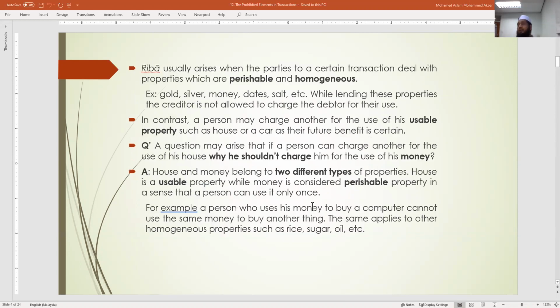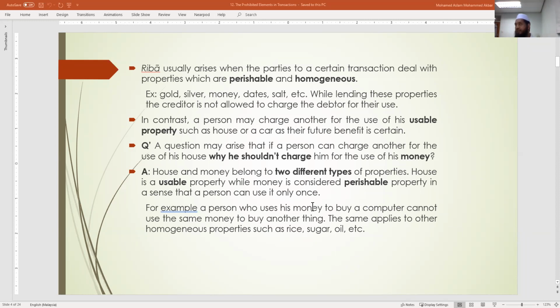Riba usually arises when the parties to a certain transaction deal with properties which are perishable and homogeneous. That's why we talked in the theory of property about what is perishable and what is homogeneous, the similar product.